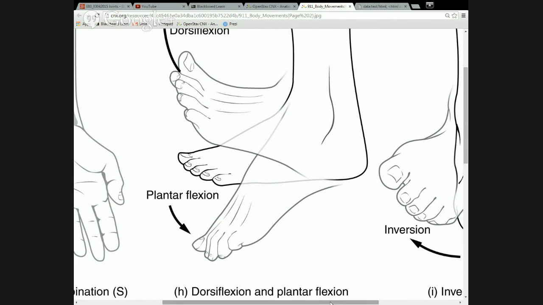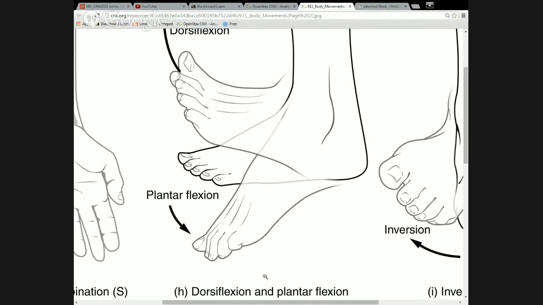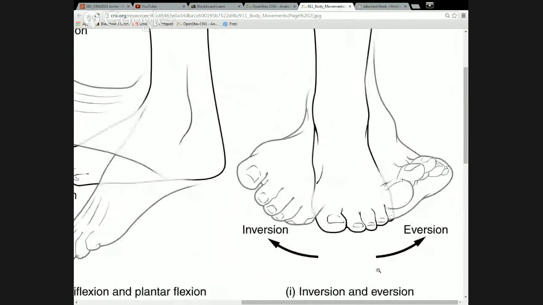Okay. The other term for foot movements, pair terms, is inversion and eversion. If anything, this is kind of what's usually meant by pronation and supination, especially for shoe salespeople.